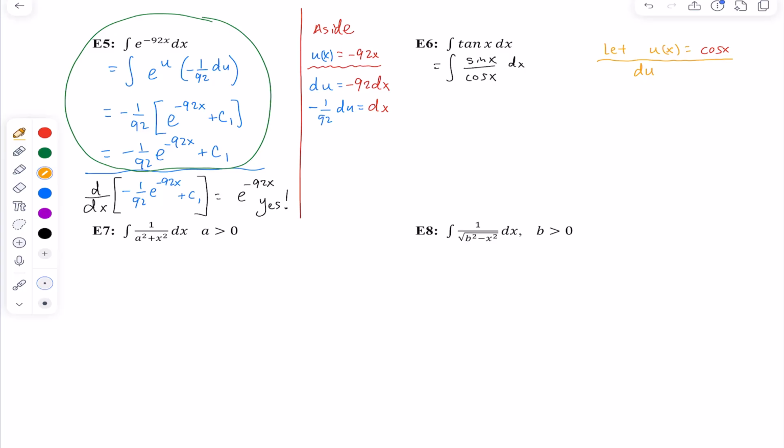You will have one letter on the left-hand side, and you'll have the other letter on the right-hand side. The opposite of du here is equal to sine of x times dx.